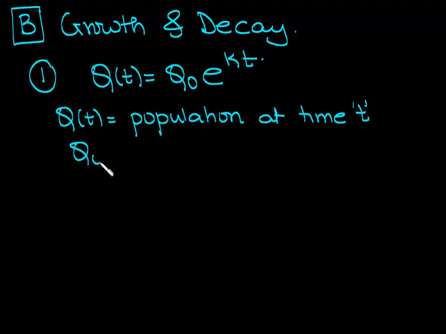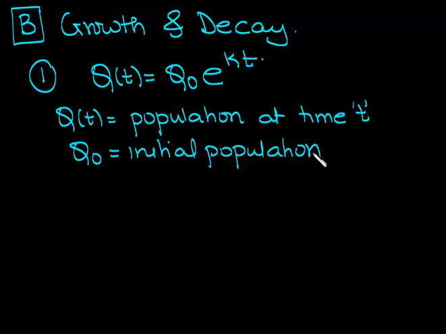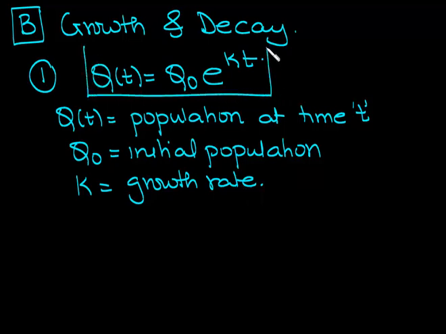Q naught is always the initial population, how many you started with. Just like in terms of money, it would be your principal. Principal is how much you start with. K is your growth rate. How fast is the population growing? It's your growth rate, like your interest rate. And t obviously is just the time. Okay, so this is a formula for growth.